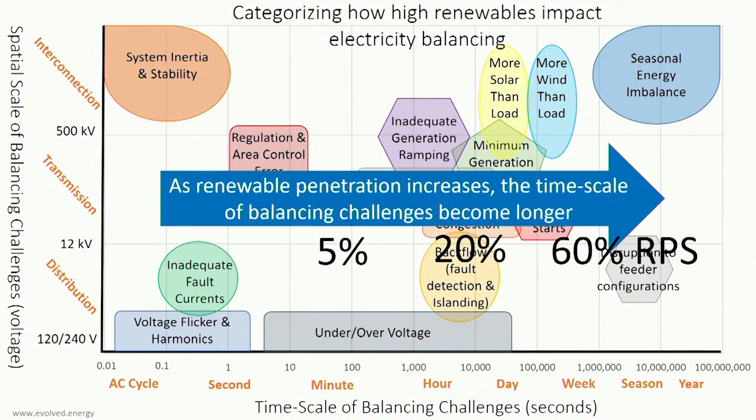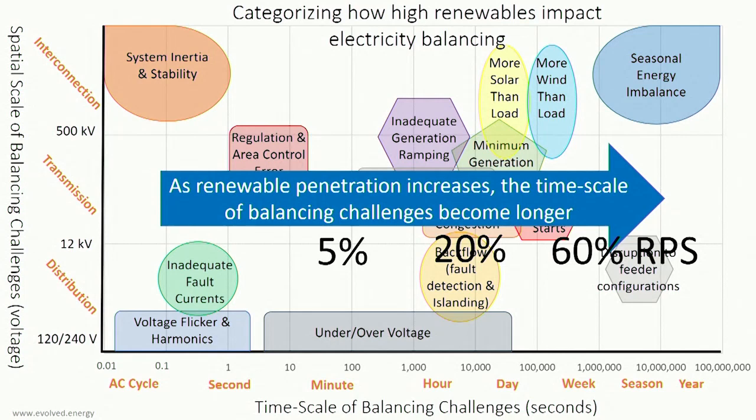The difficulty is that the balancing challenge fundamentally changes as we get more and more and more renewables. So what we need at 30% renewables, 40% renewables, 50% renewables is very fundamentally different than what we need at 80%, 90%, and 100%.